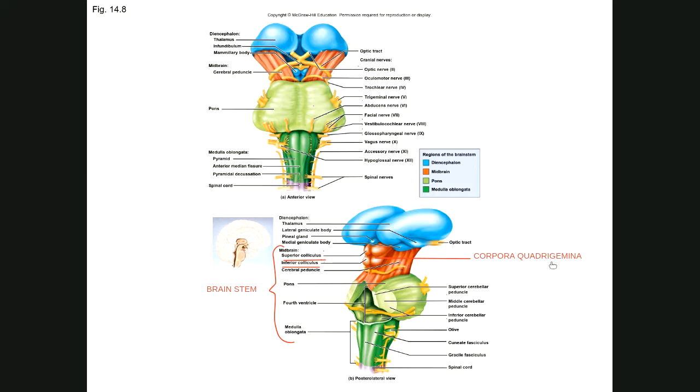Okay, so let's move on now to another structure of the brainstem, and go down here to this area of the brainstem. Okay, and that area that you see looks like a big bump on the upper figure, you see it as well.